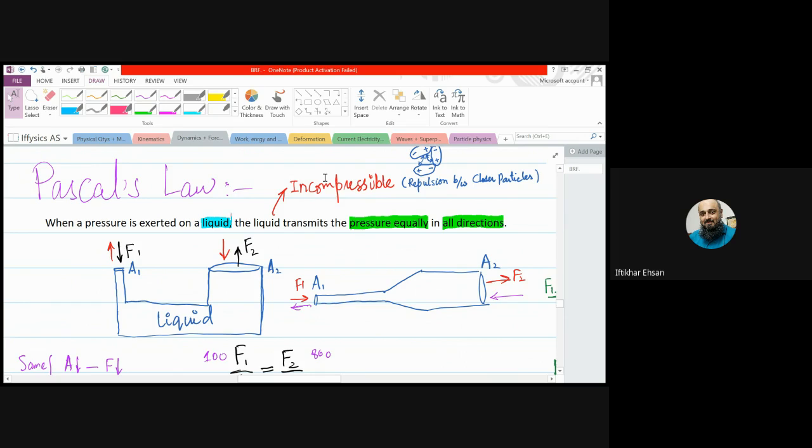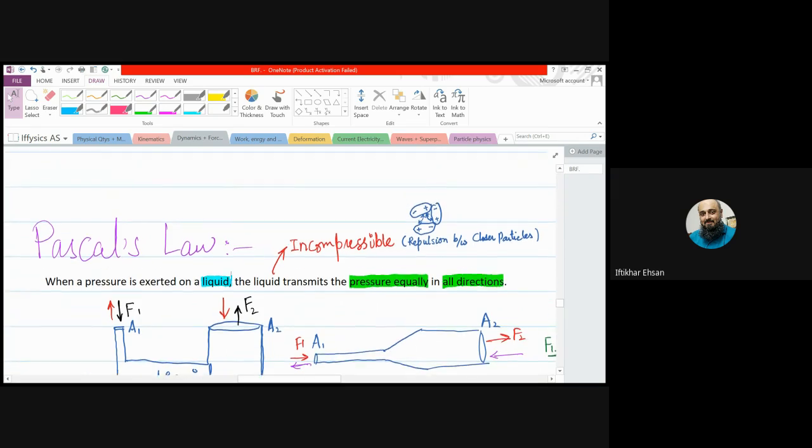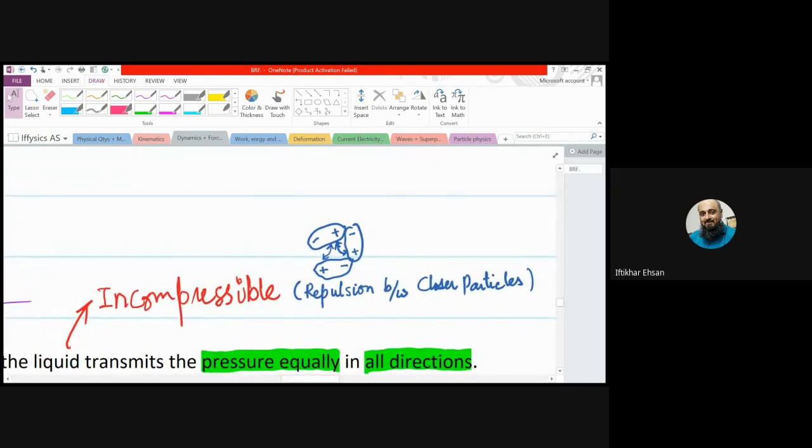And why are they incompressible? Even though there are gaps, in a liquid we have positive and negative charges between particles, where the positive of one particle attracts the negative of another.